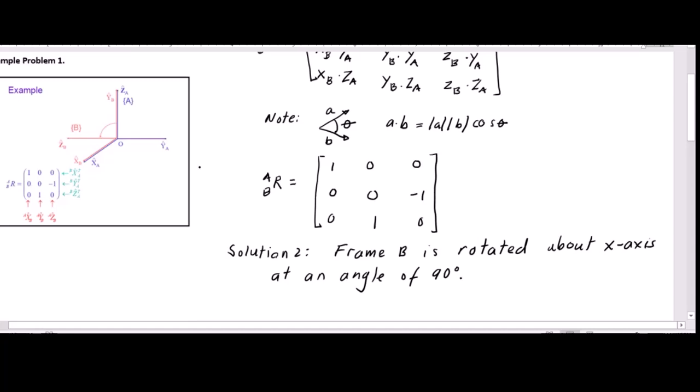Why? The original position of frame A is the blue colored frame, and frame B was originally in this position. Since it is rotated, the new position of frame B is such that ZB becomes opposite to YA because of the rotation at 90 degrees.